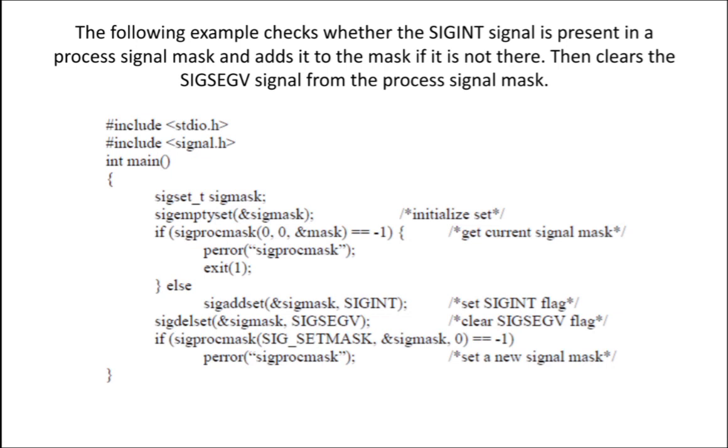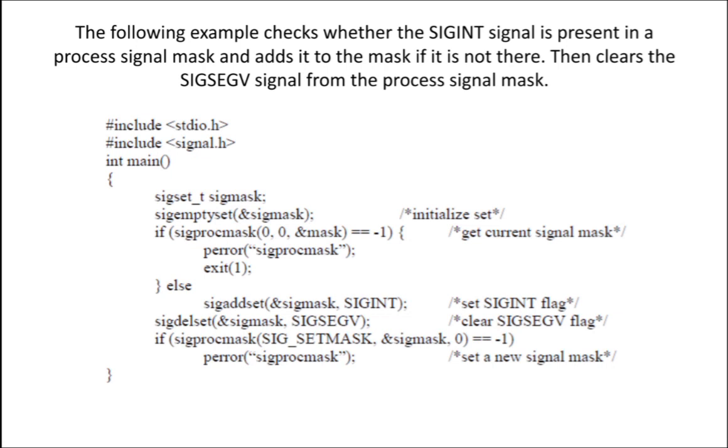That's why I am comparing it with -1. I get the current signal mask. If the signal mask is not present, it will print an error, perror sigprocmask, and it will exit. Because if the mask is there, only then can I add the signal to the mask. If the mask is not there, I can't do anything.